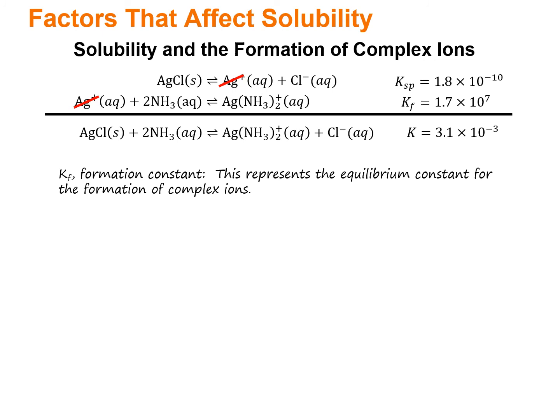The Kf is yet another one of these equilibrium constants. It corresponds to the formation constant. And so this just represents the equilibrium constant when we form complex ions in solution.